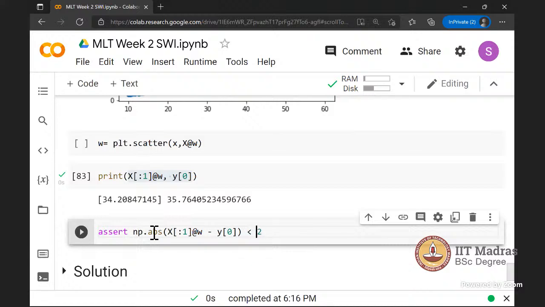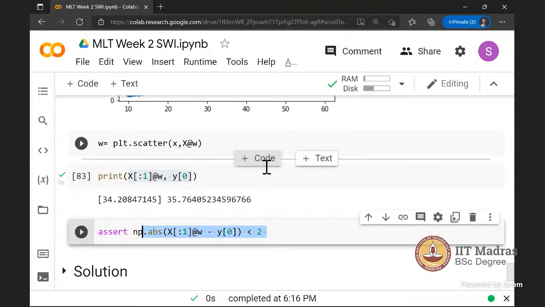So this is one example of a condition we can put on our model: after training, the error on the first prediction is less than 2. What is this going to help us with? Let's say the error is not less than 2. This kind of condition will be checked by a unit test, and it will raise a warning that something is wrong with your model.